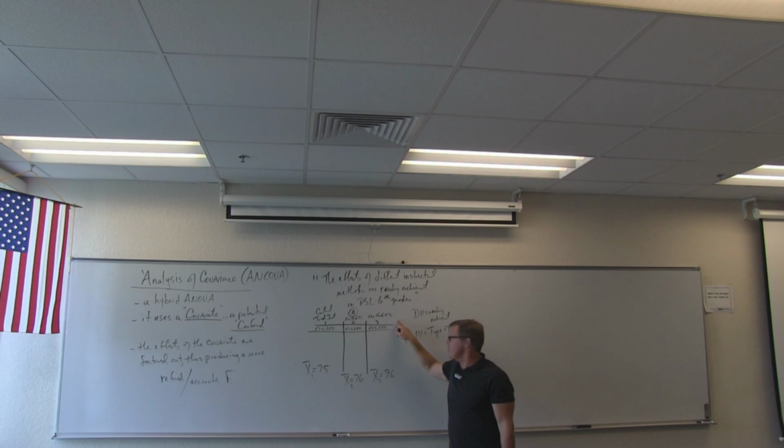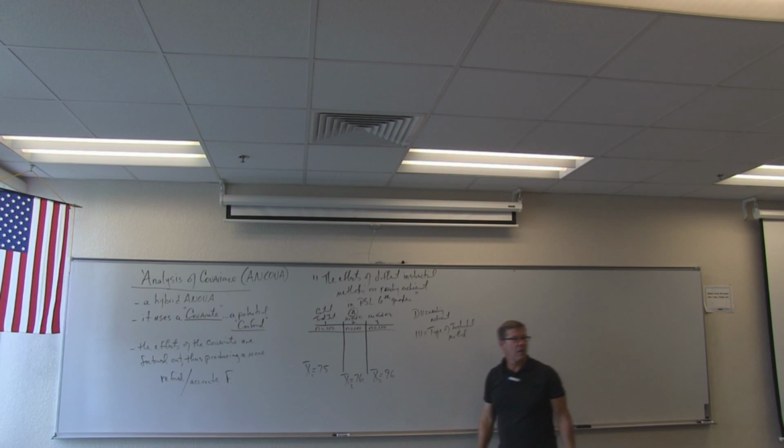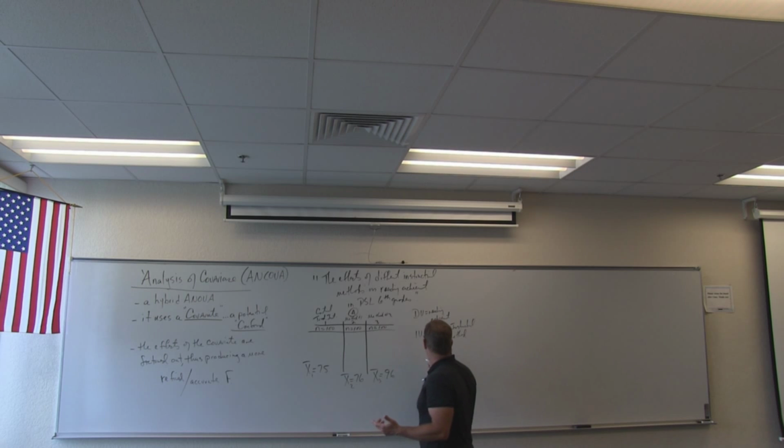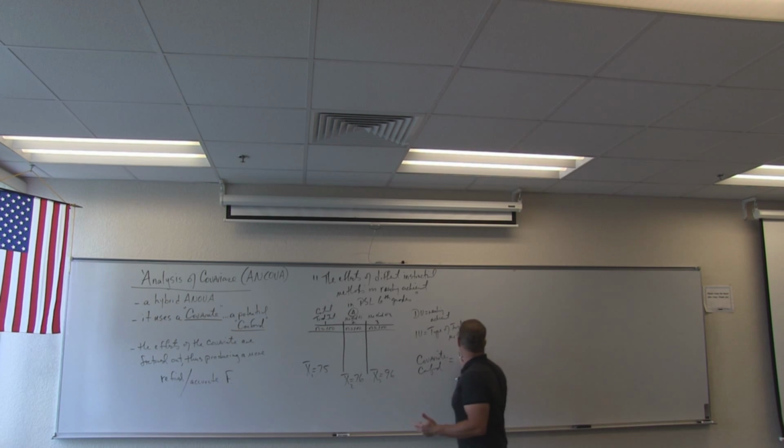But Mrs. Smith's class, these are the gifted students. All these kids' IQs are above 145. These kids are all high IQ. IQ is highly correlated with reading achievement. We have a confound here. We're going to call it a covariate. It's a confound. It's IQ.